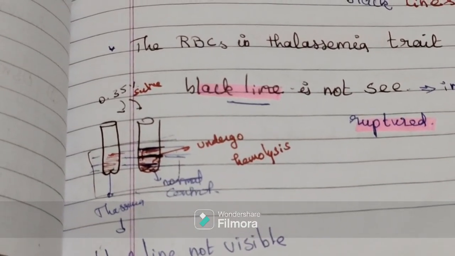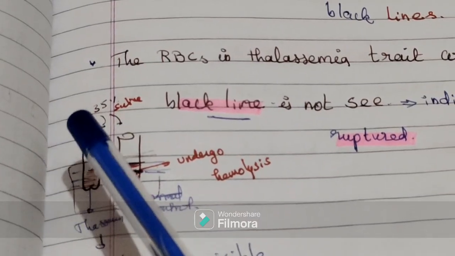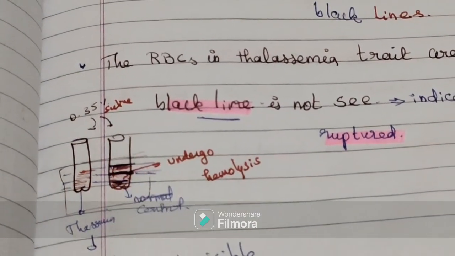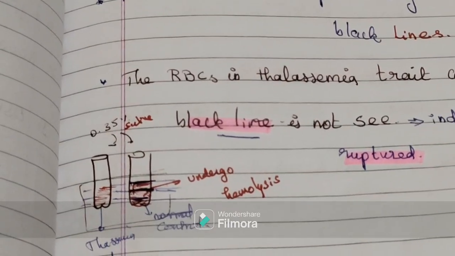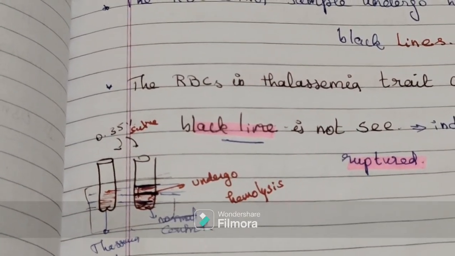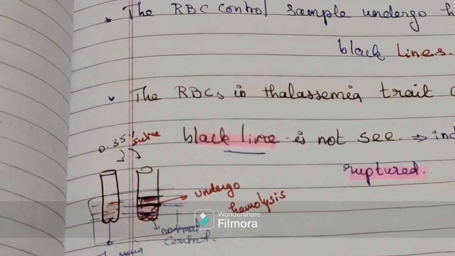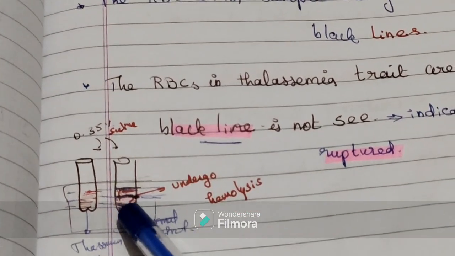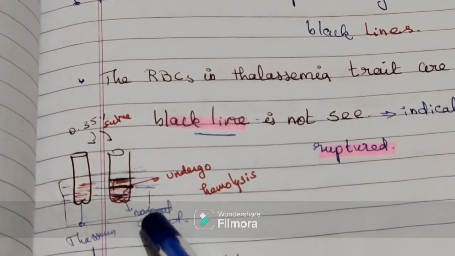In both of them you add 0.35 percent saline. The control will undergo hemolysis.